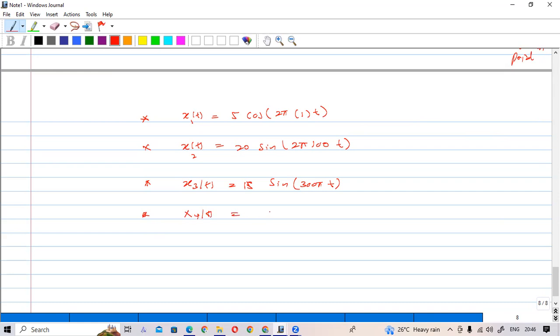x4(t) is equal to 2 sin, and I will also give you a phase shift here. Radians we are using.